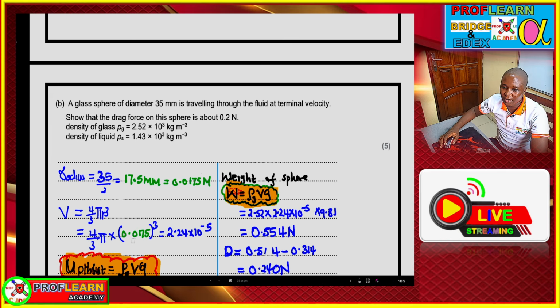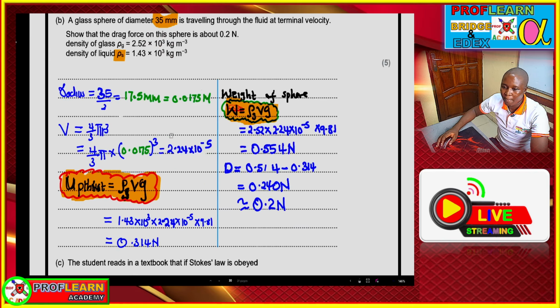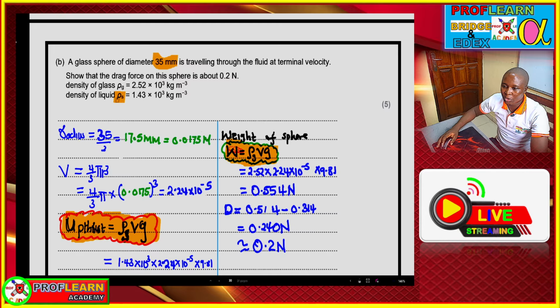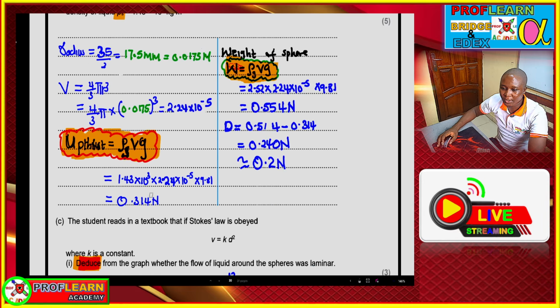And then we are told that a glass sphere of diameter 35 millimeters. You have to look at this as if your life depends on it. We have the density of glass and the density of the liquid here. Now, show that the drag is about this. So we are going to work out the volume, and once we have worked out the volume, we can calculate the upthrust.